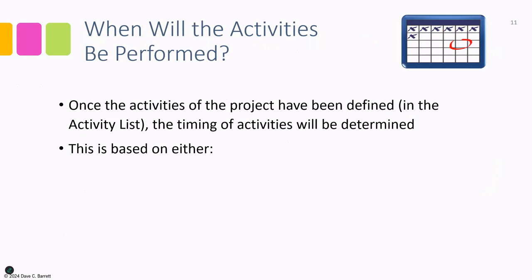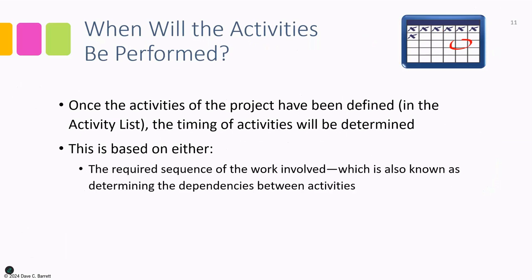This is based on either the required sequence of the work involved, which is also known as determining the dependencies between activities, or the completion of activities occurring on a certain date or dates. So those are the two options you have. One is the sequence of work, and the other is specific dates.